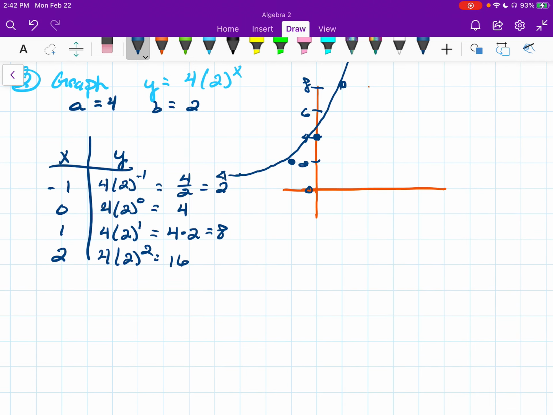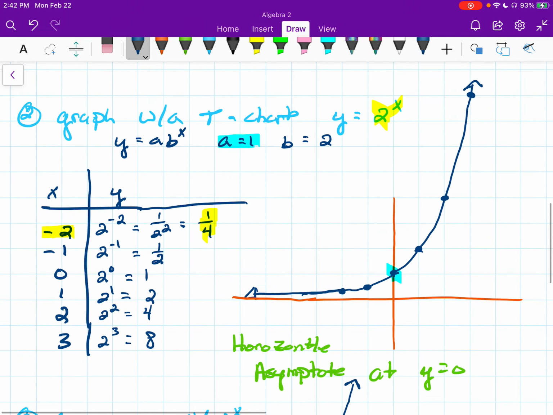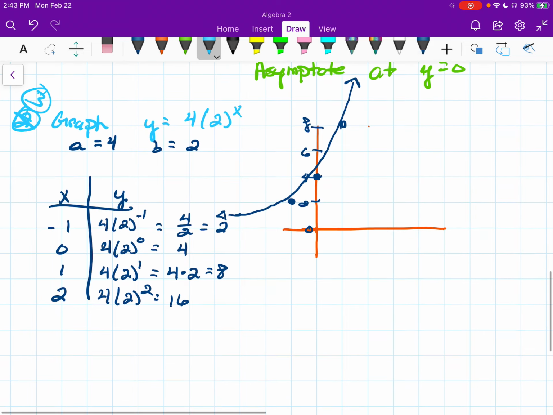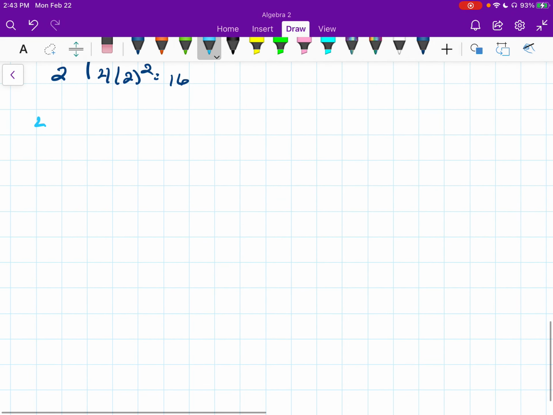Did I have a number 3? Oh, this one was a number 3. There we are. That's number 3, and now we're moving on to number 4. It's almost like I can't read my own handwriting.